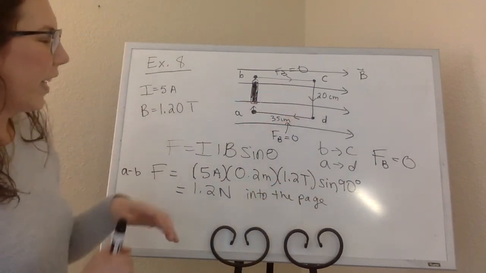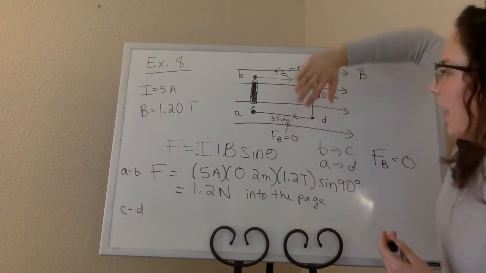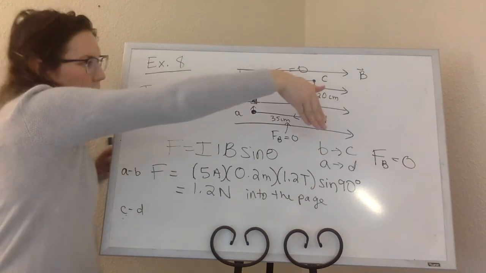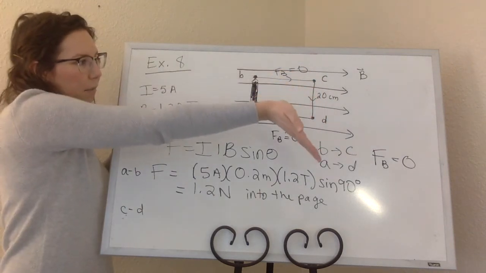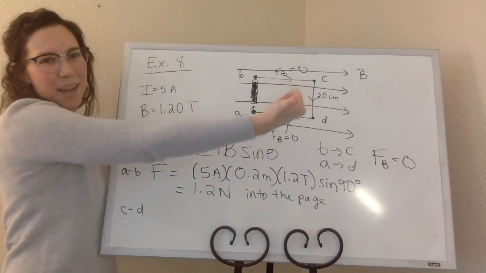Okay, and now over here, if I put my fingers in the direction of the current in the wire and then curl them, oh, maybe it's better from this side. Let's see, put the fingers in the direction of the wire and then turn them to curl. There we go. So down and then curling, and I get out of the page.